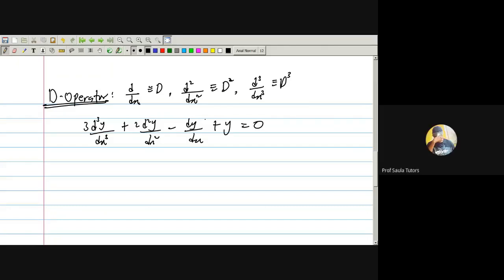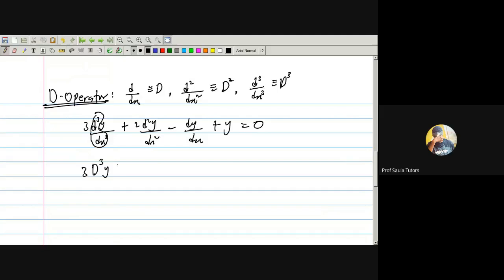Can we put this in terms of the D operator? Yes. Don't forget, d cubed over dx cubed is the same thing as capital D cubed, and I have 3 here. So I'll be having 3D cubed, and remember there's y here. Don't forget, I'll add the y here.